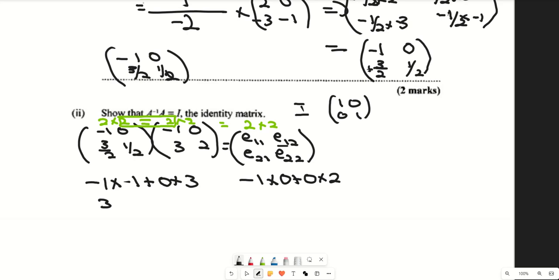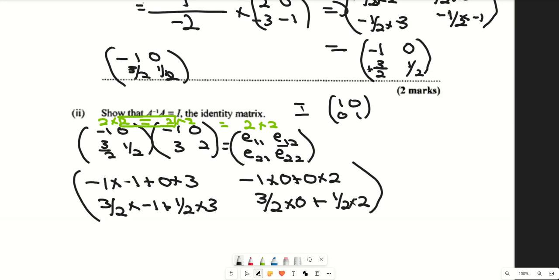And the bottom is 3 over 2, multiplied by your second row by the first column: 3 over 2 multiplied by -1, plus a half multiplied by 3. And then the last one is 3 over 2 multiplied by 0 plus a half multiplied by 2.